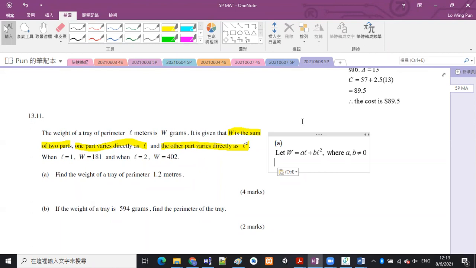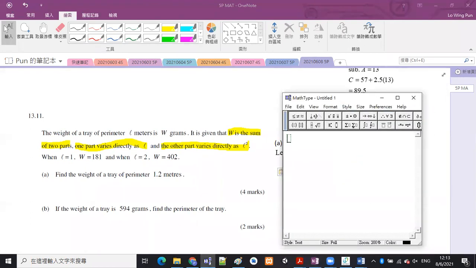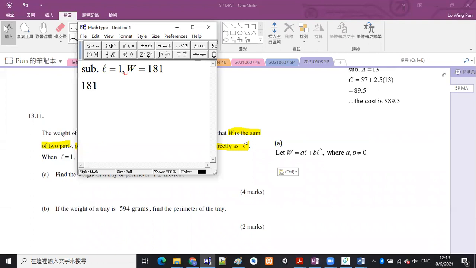And then when L is equal to 1, W is 181. So we just substitute L equals 1 and W equals 181 into our equation. So it becomes 181 is equal to A times 1 plus B times 1 squared. Okay, A plus B is 181. And this is our equation 1. Follow?